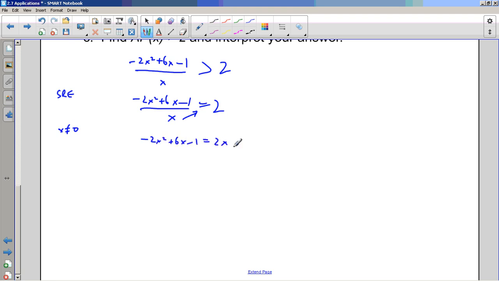Equals 2x. I'm going to put everything on that side, so I get this side equal to 0. 2x squared minus 4x plus 1. Don't think this factors. All right, this doesn't factor. So that means there's no solutions? No. We're a little bit sad that it doesn't factor, but that means we can use the formula.